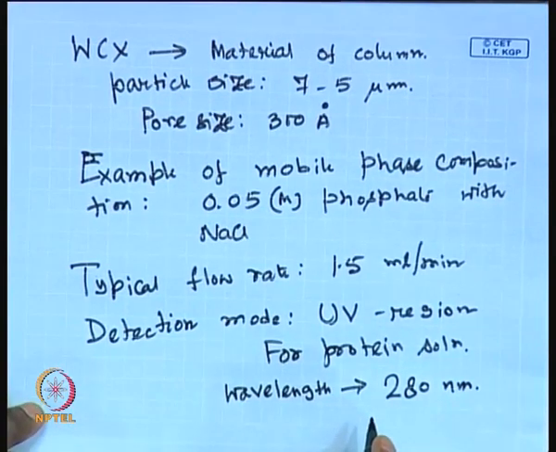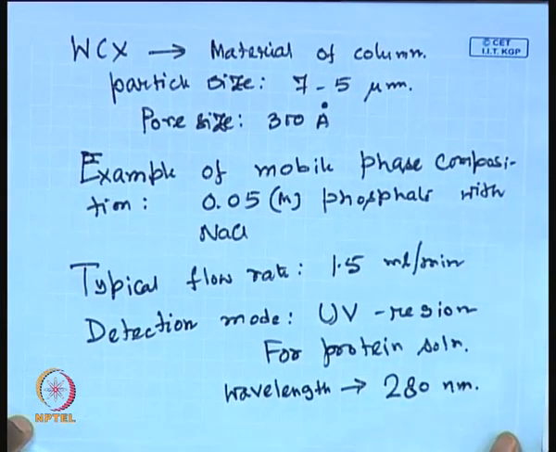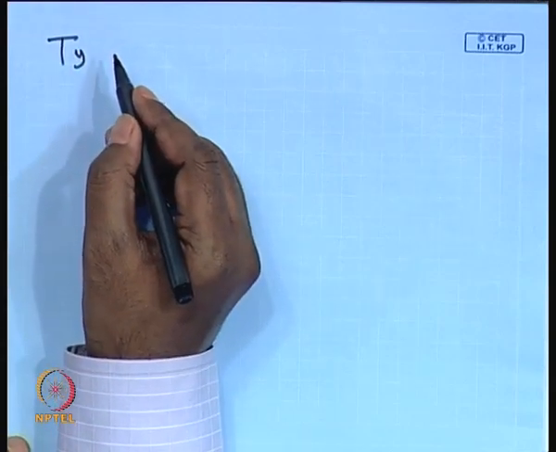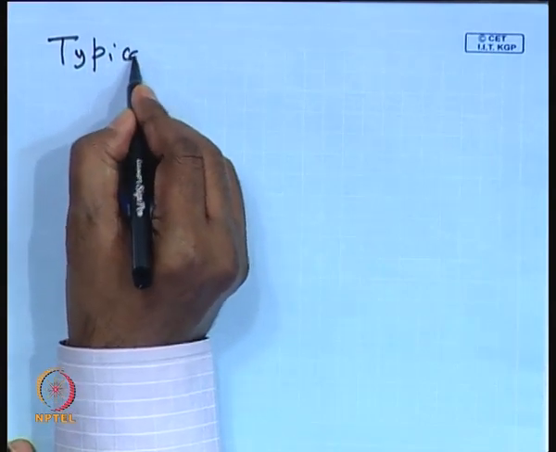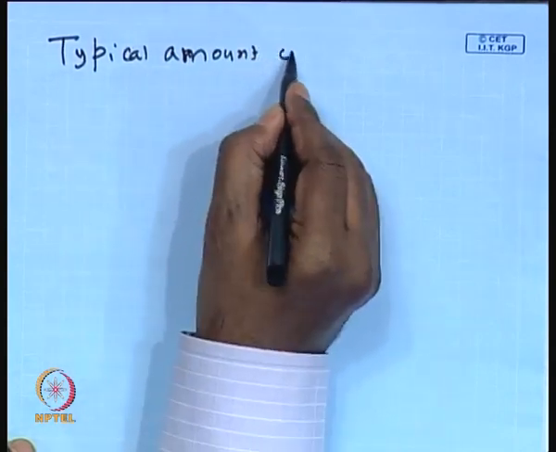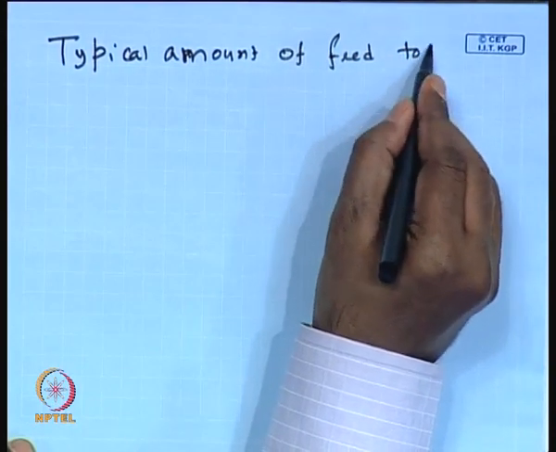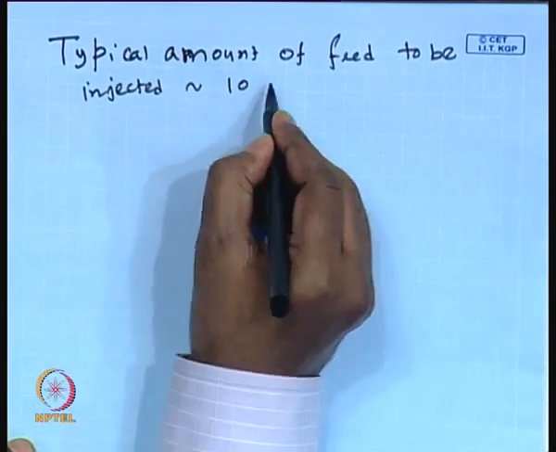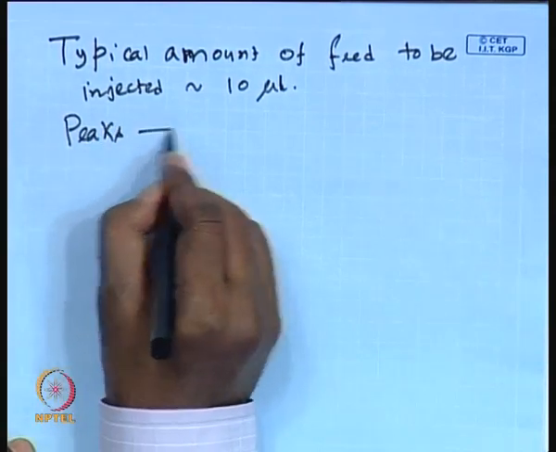That is a typical value. The typical amount of feed that you are going to inject will be extremely small, in the order of microliter, around 10 microliter. The amount of feed to be injected will be 10 microliter.